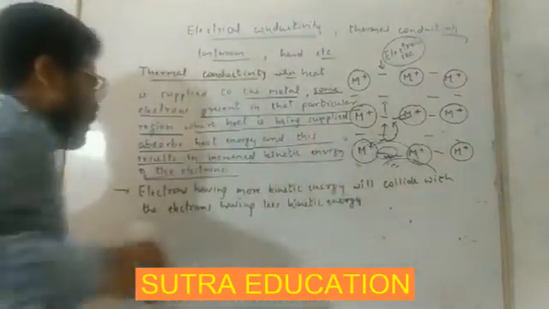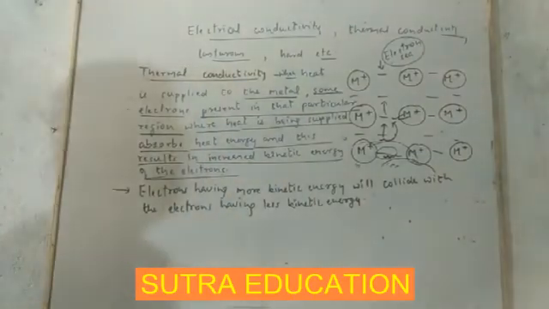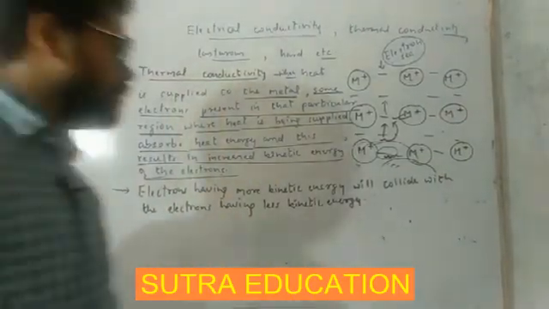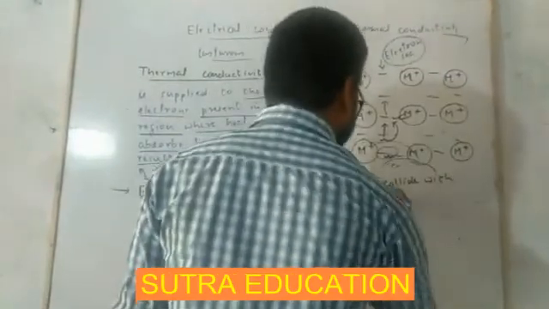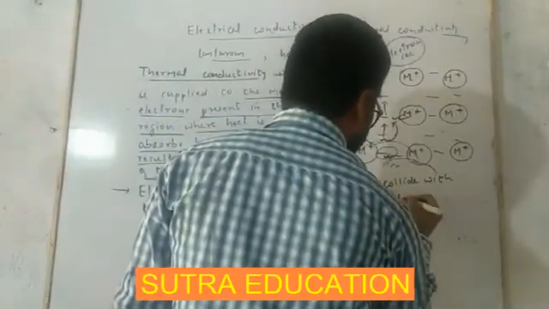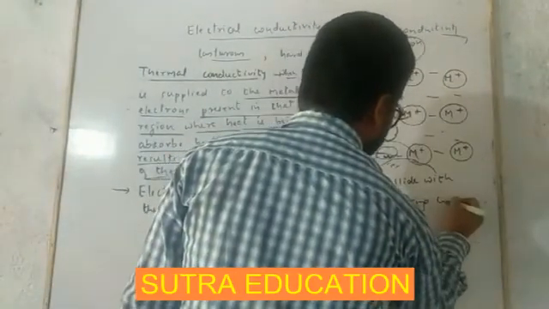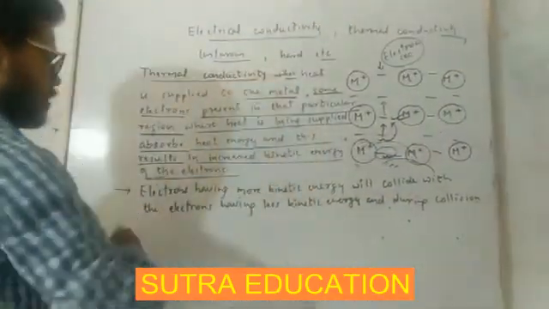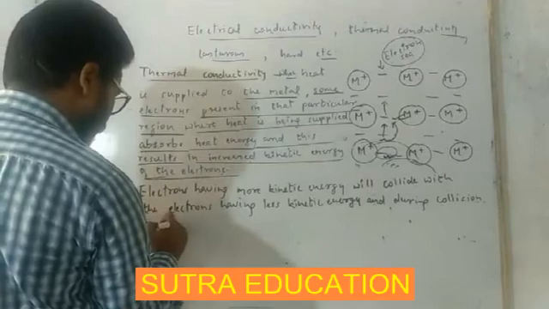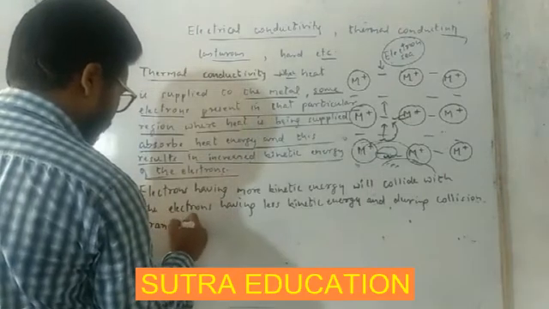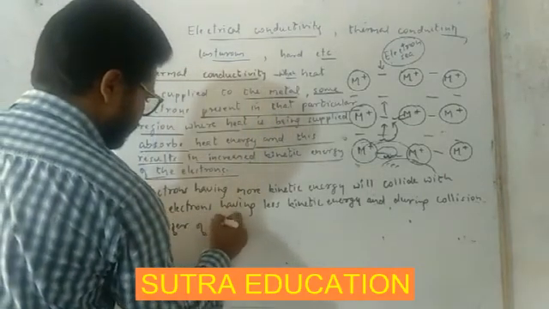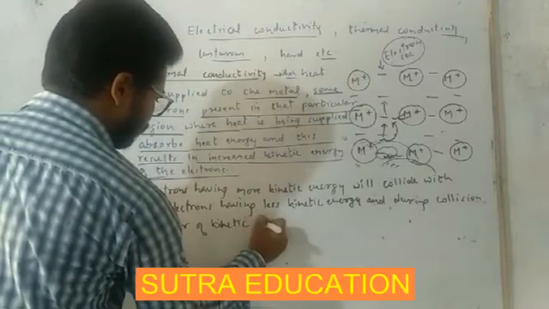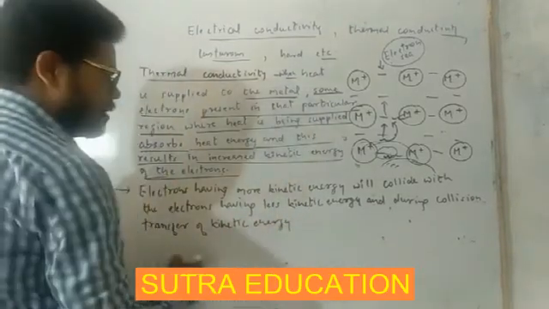Getting this? Electrons having more kinetic energy will collide with the electrons having less kinetic energy, and during collision transfer of kinetic energy will take place.